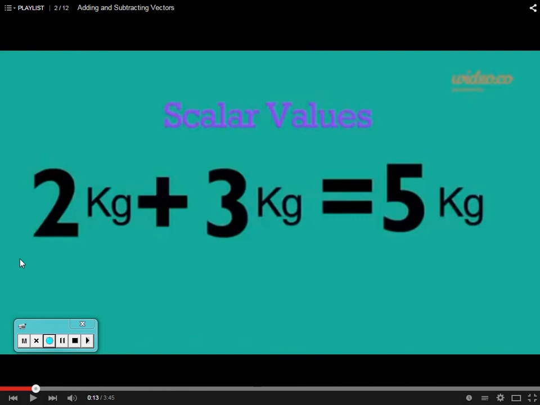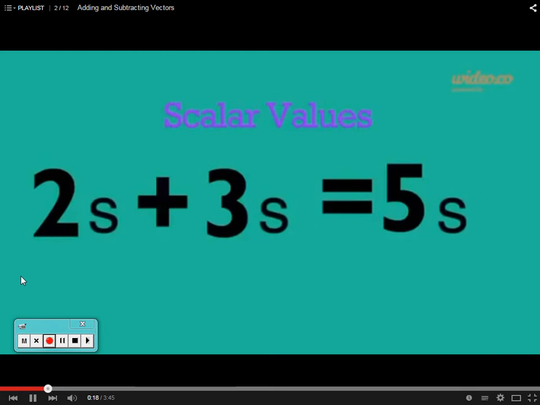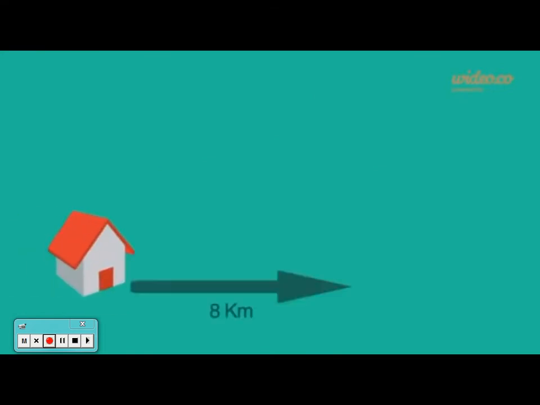If you have scalar values, then they always add the same way as our numbering system works. Even if we keep going and they become seconds, 2 seconds plus 3 seconds is 5 seconds. It doesn't matter what goes in there, if they're scalar values, they always work.